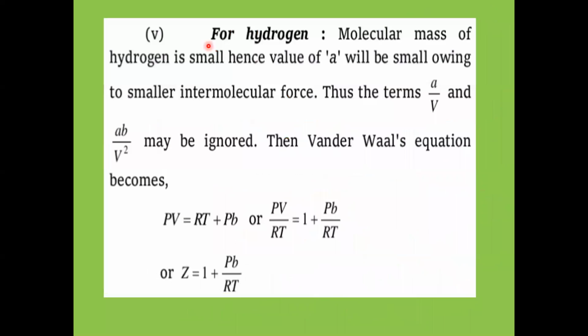Next, lastly, for hydrogen gas, PV is equal to RT means Z value will be greater than 1. Always hydrogen shows positive deviation. Z value greater than 1 means positive deviation. Yesterday we discussed that helium gas and hydrogen gas always show positive deviation, because Z value will always be greater than 1.